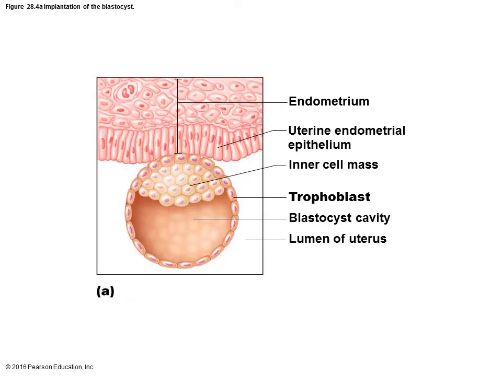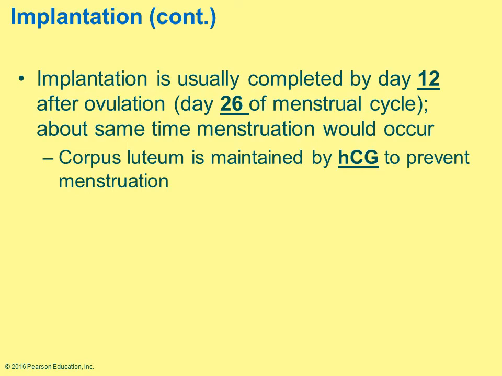So here you see the endometrium, the uterine endometrial epithelial cells, where the trophoblasts, these beginning cells, are like a vesicle, and the internal part has the inner cell mass that has been going through mitosis, which will attach to the uterine wall.